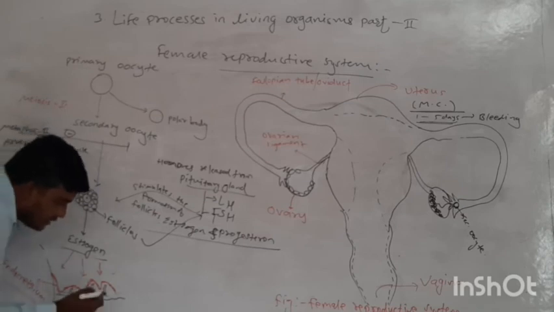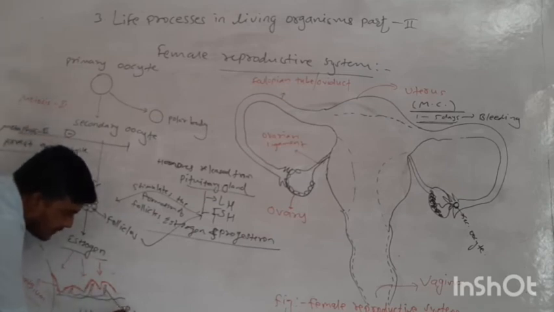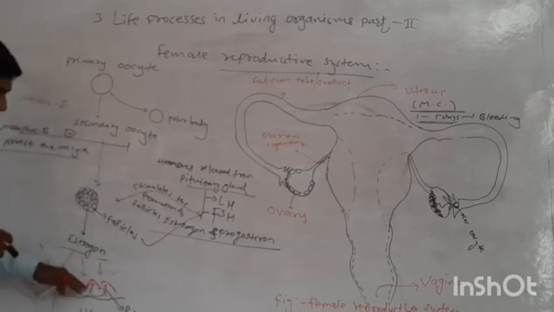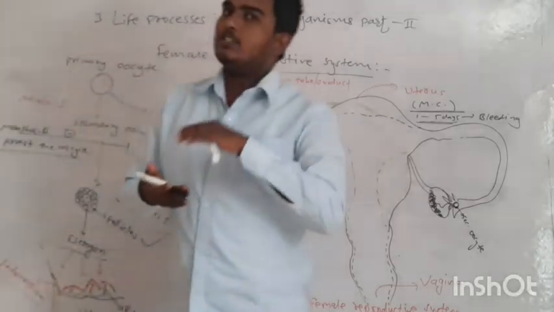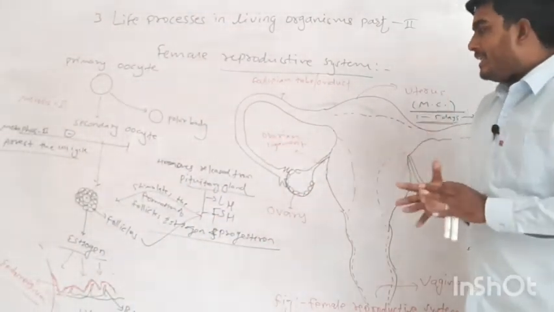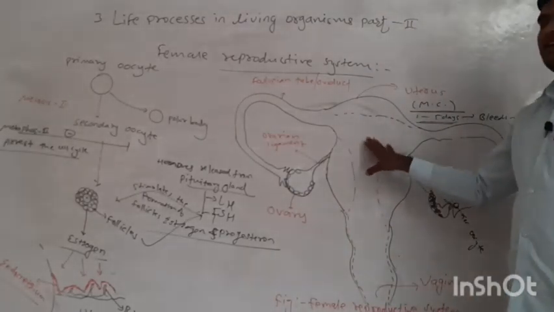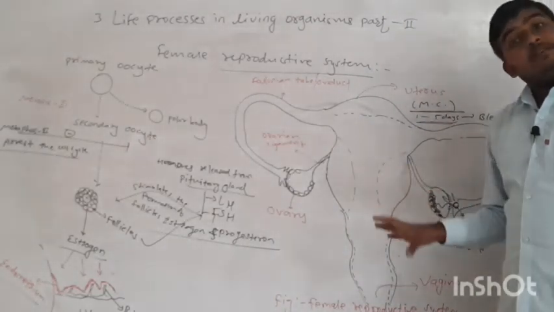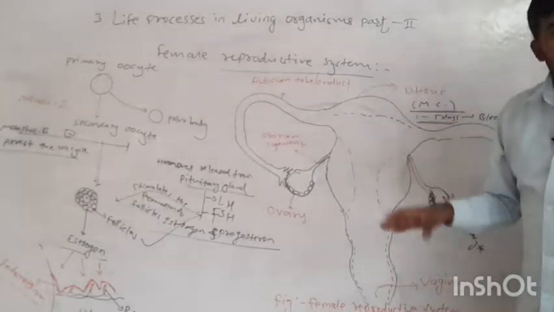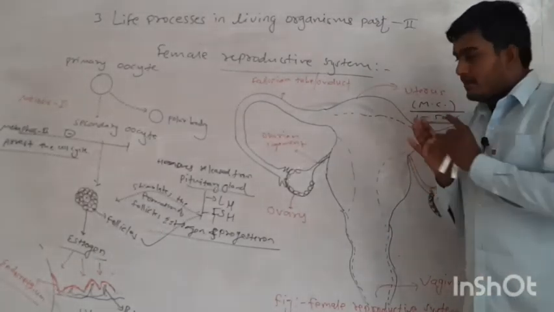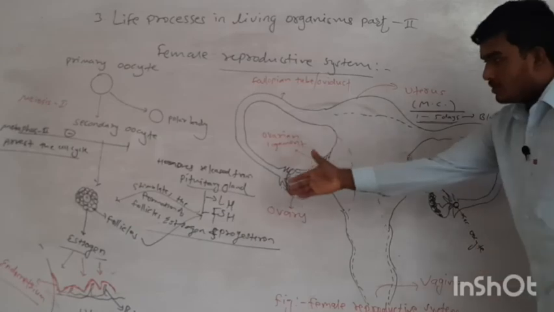The black colored lines are, I will write here, blood vessels. These blood vessels contain blood as well as nutrients which are useful for the nourishment of the embryo if fertilization occurs. Otherwise, what happens, I will tell you after this process is completed.